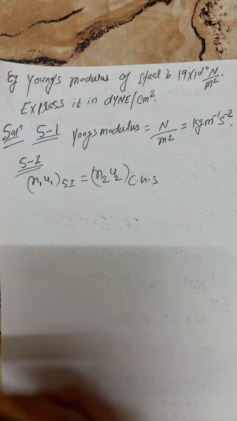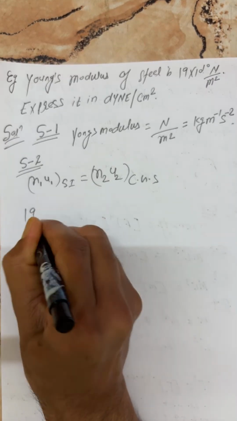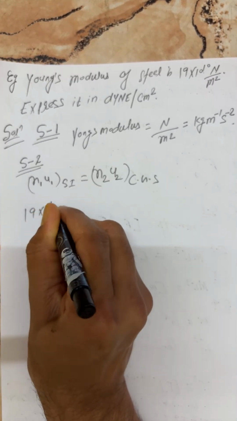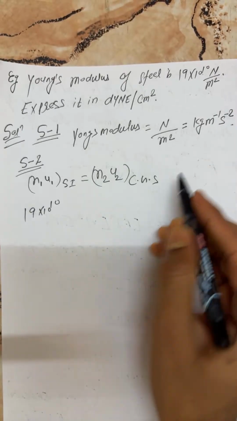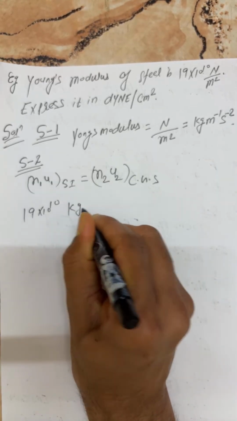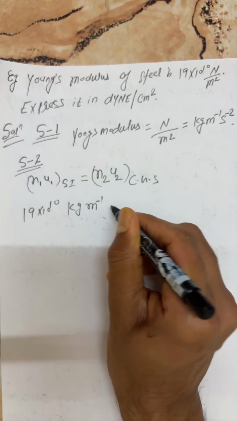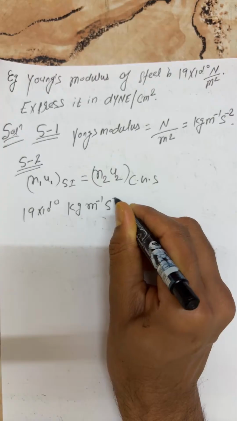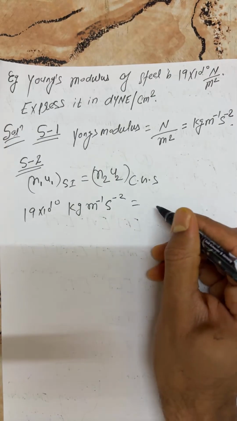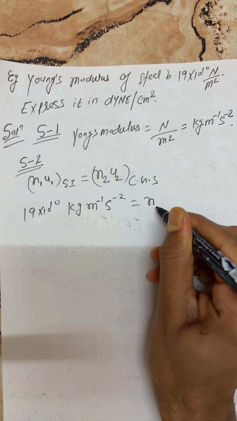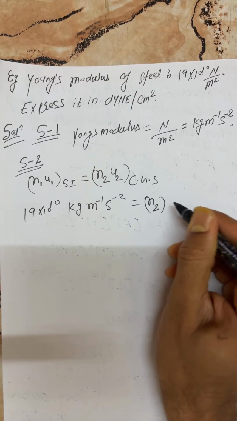So n1 is 19 into 10 to the power 10, and the unit is kilogram meter to the power minus 1 second to the power minus 2. n2 we leave it; what is u2?